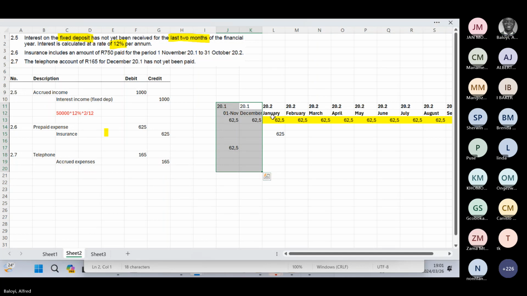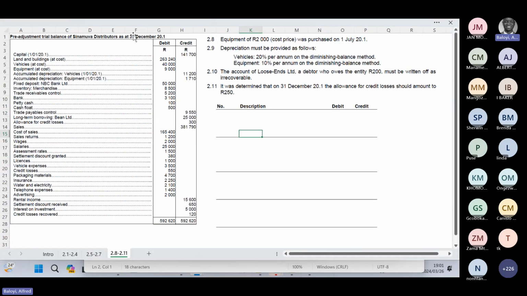We're just including this here because it is only relating to 2.6. Our financial year ends here on 31 December 20.1, but it's coming from here.